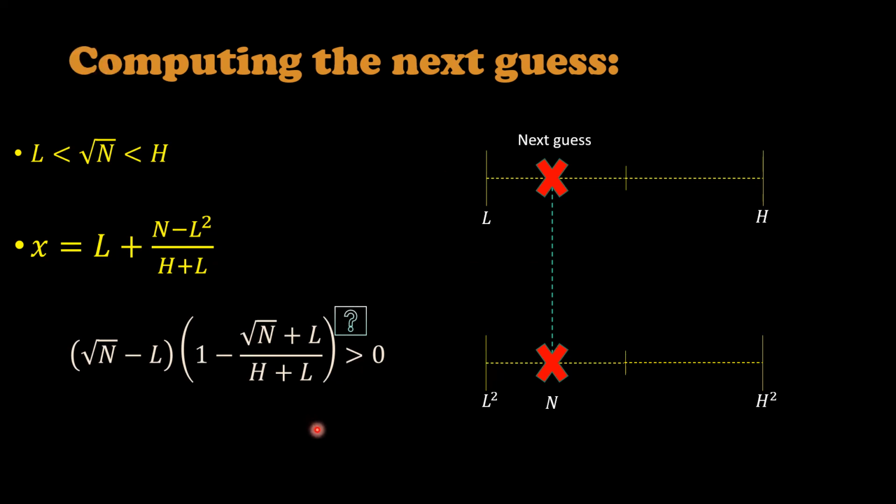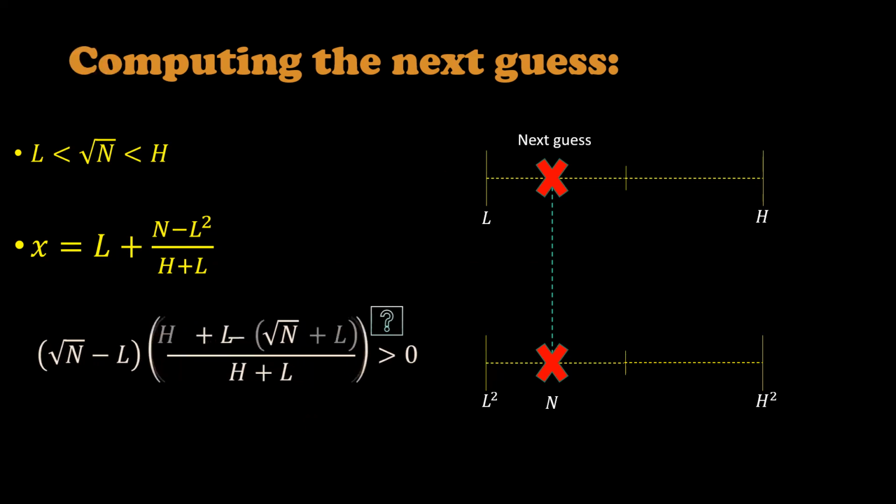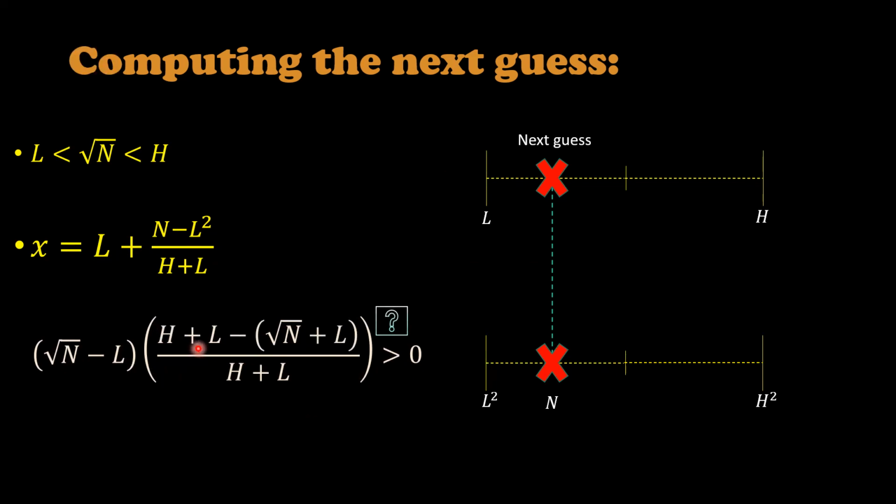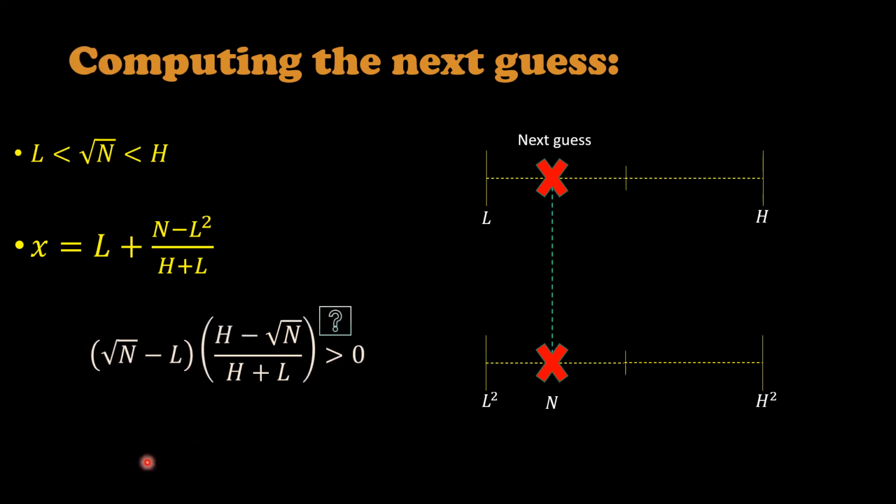Now if we do a little common denominatoring, the 1 becomes h plus L over h plus L, and then because this is h plus L minus root n minus L, the L's will cancel, and the numerator will end up being this thing, h minus root n. So root n minus L, hey, that's positive because root n is bigger than L. And then there's h minus root n, that's positive because h is bigger than root n. So both of these things are positive, which means this is true.